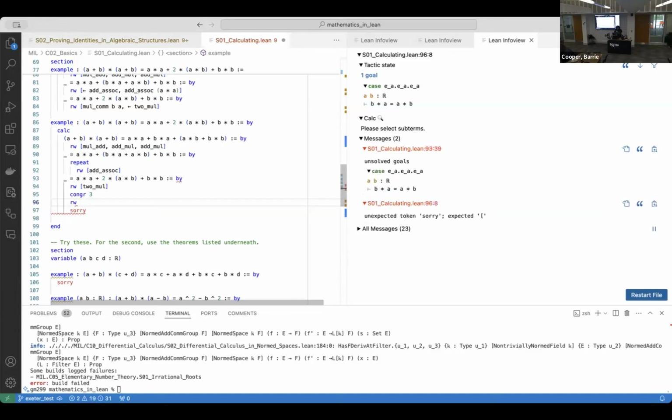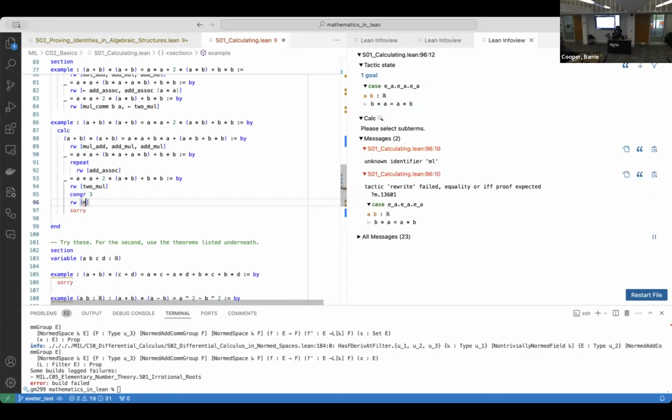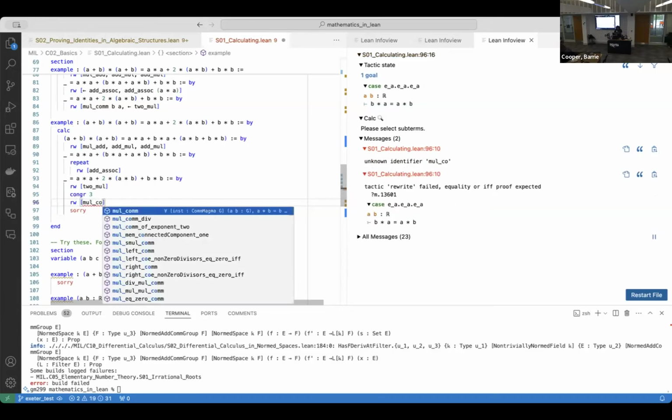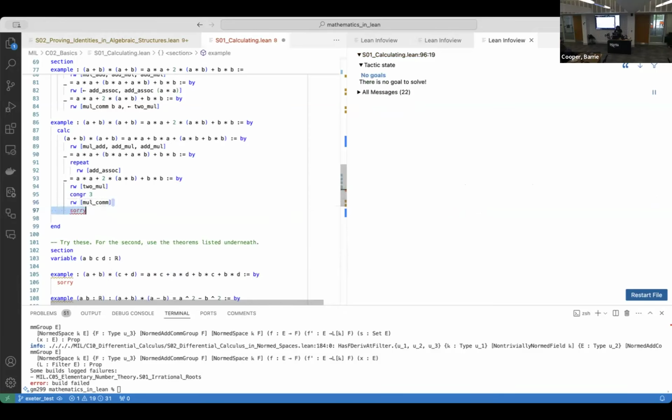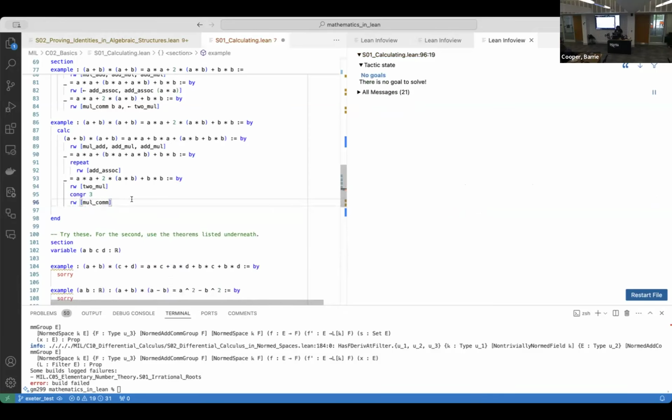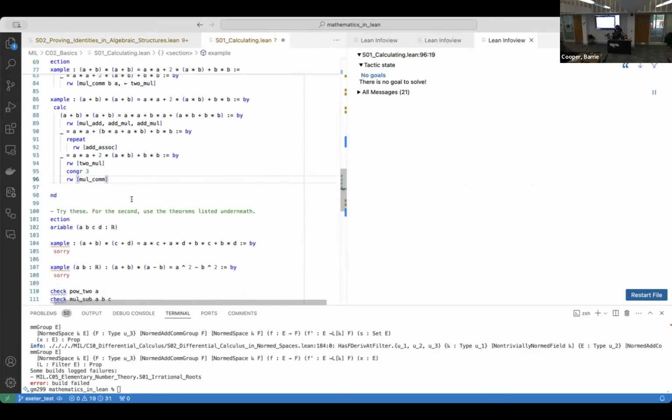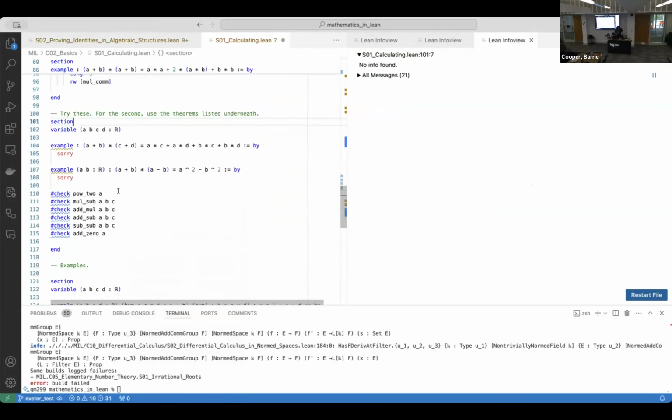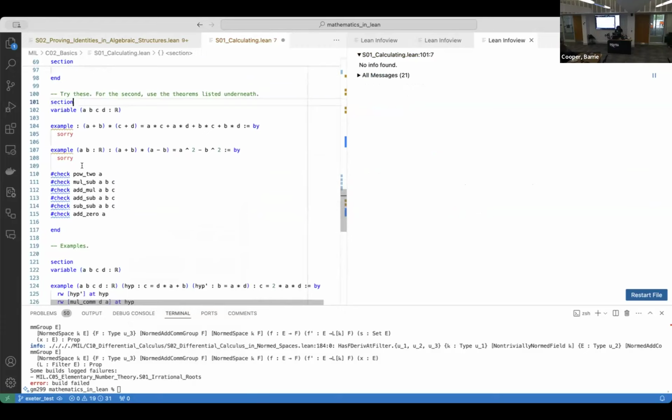Okay, so now we'll just use commutative multiplication. So we've seen a few more tactics then. Anyway, but that's a calculation proof. Oh, and I don't know if we've seen this: propositions are types.